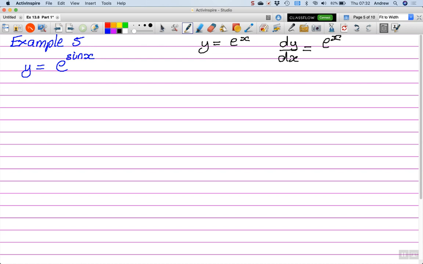What is the value of x? The formula value of x, when I compare it to the question, is equal to sine x. I'm now going to differentiate, and the differential of sine is equal to cos x, and this is going to become a multiplying factor.